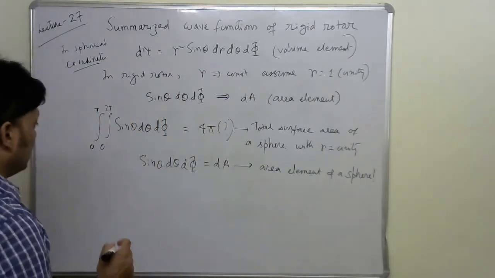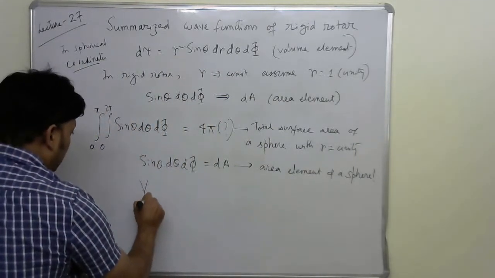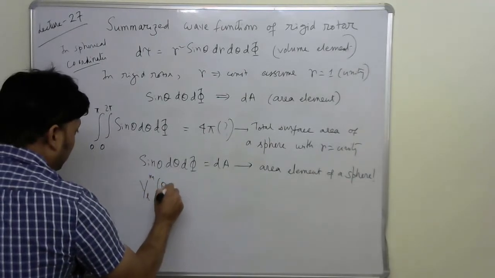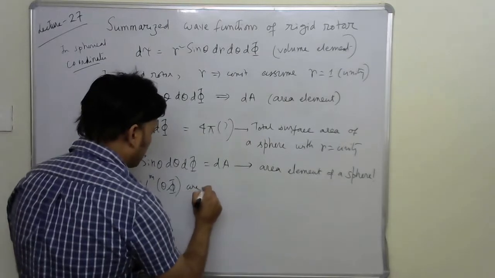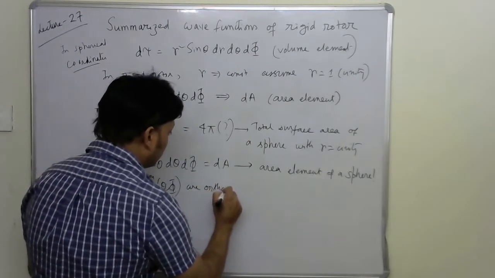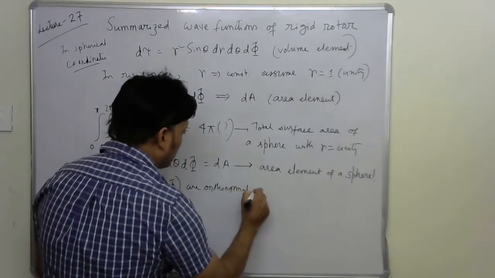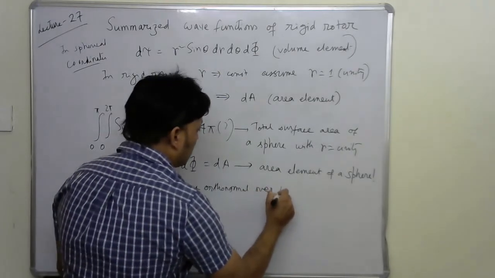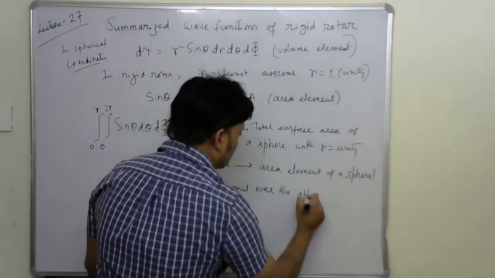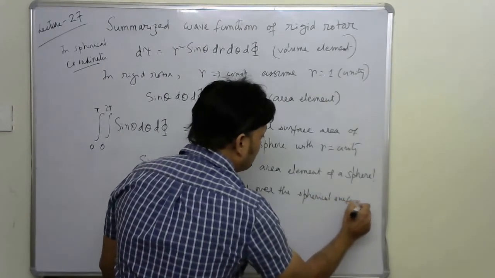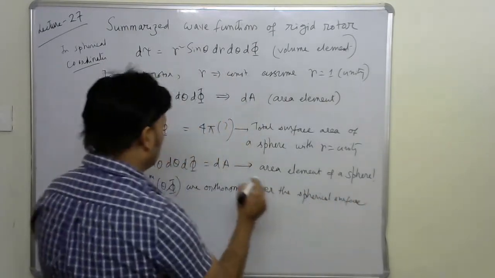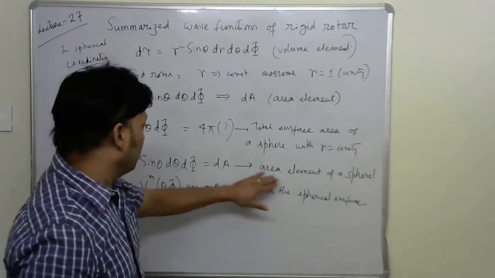It can be further proved that these wave functions Y_lm(theta, phi) are orthonormal over the spherical surface, which is defined by this spherical area element dA.